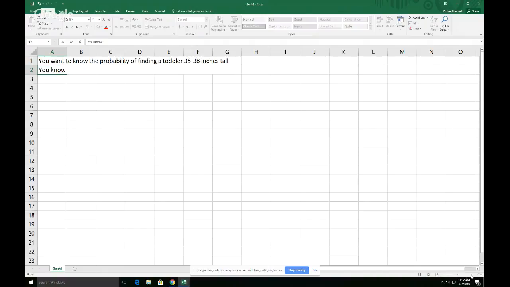You know the height is normally distributed with a mean of 38.72 inches and a standard deviation of 3.17 inches.